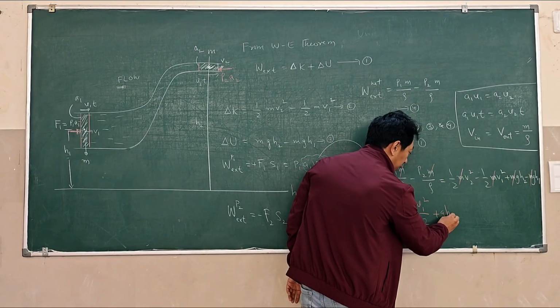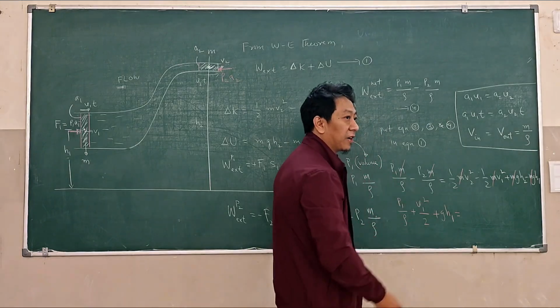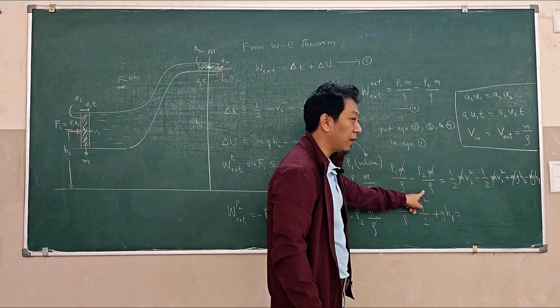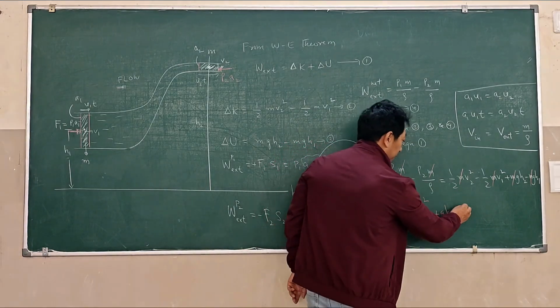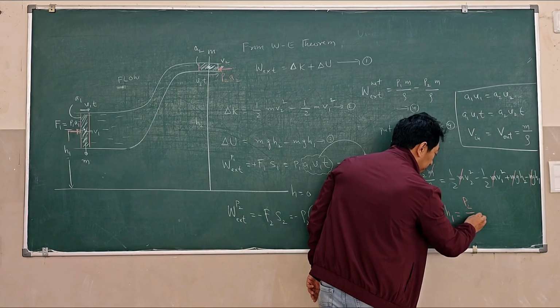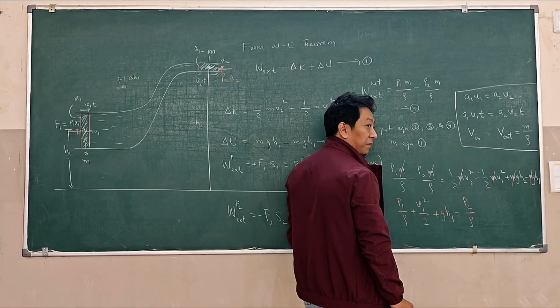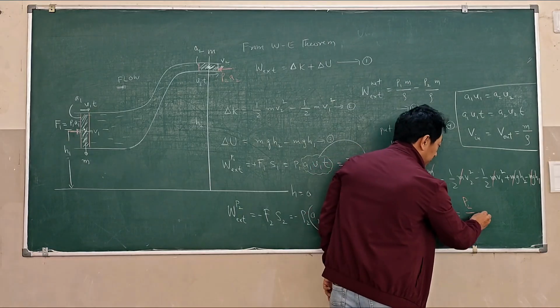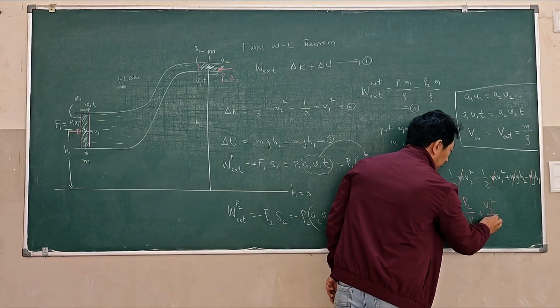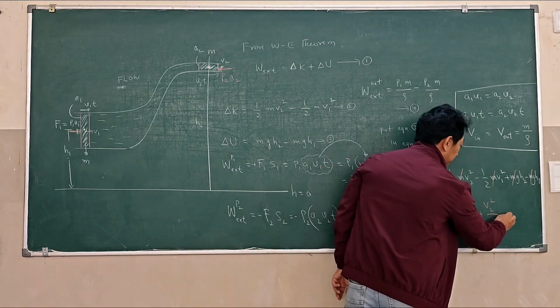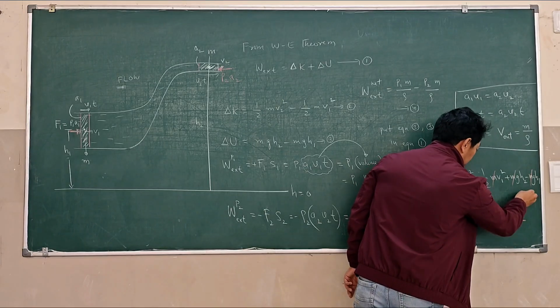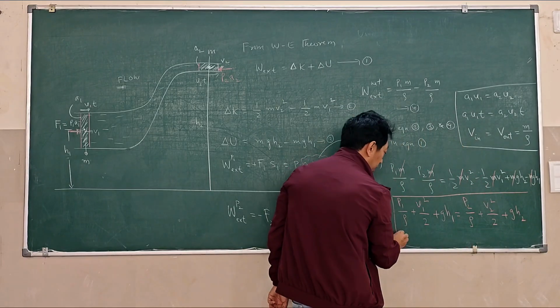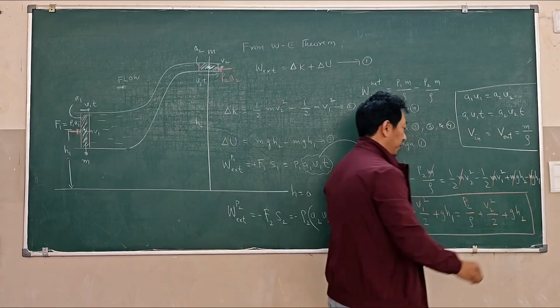Plus g h1. Take 2 to that side now. Minus P2 by rho, take that side. What will you get? P2 by rho. Next term, plus V2 square by 2. Next term, plus g h2. This equation is called Bernoulli's principle.